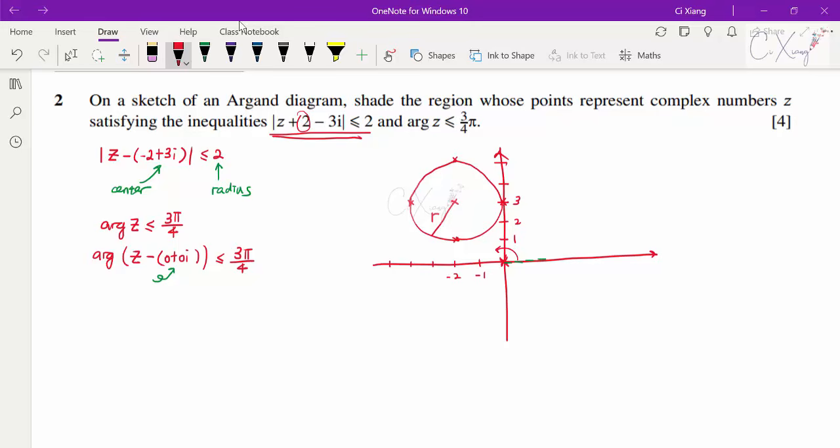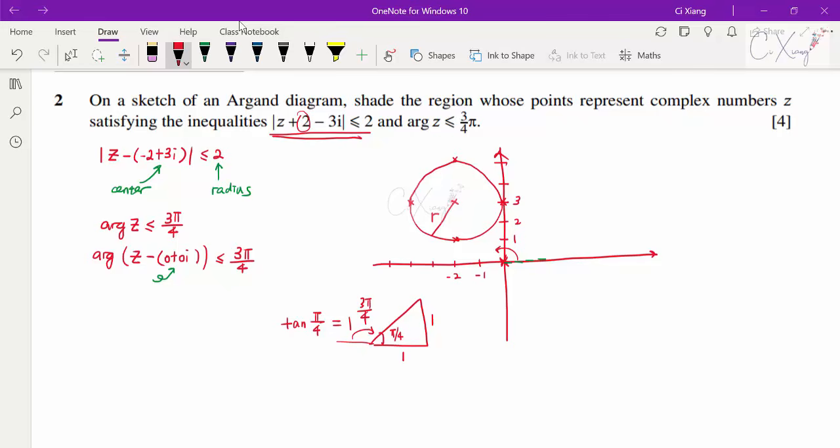You need some small knowledge here about trigo, because we know that for tan pi over 4, when we draw a triangle, it equals 1. So if this is pi over 4, the units should be 1 and 1. Now we have this angle, which is 3 pi over 4.